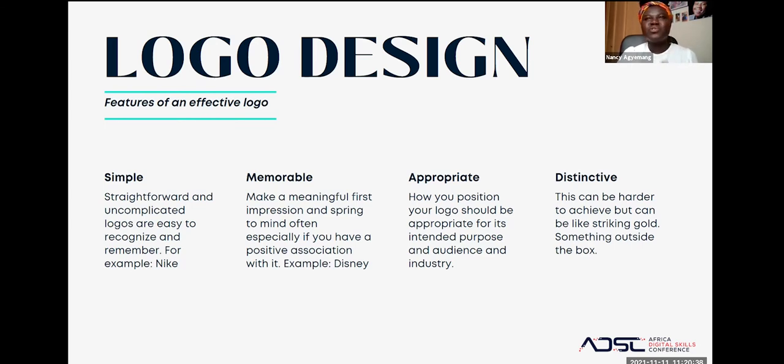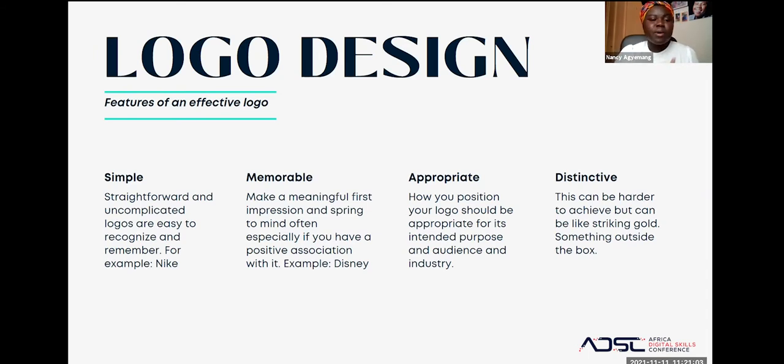Simple means it has to be straightforward and not complicated. As soon as people see it, they should be able to recognize it easily. And when it's simple and straightforward, people will be able to remember it easily, like the swoosh logo of Nike.